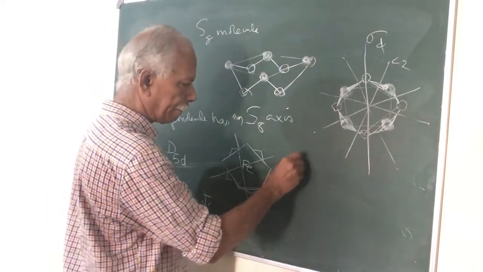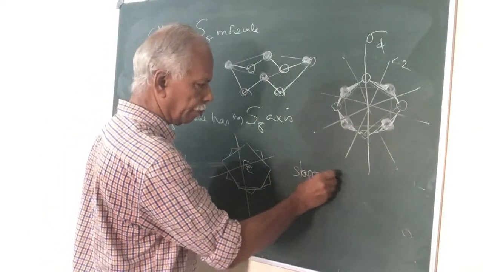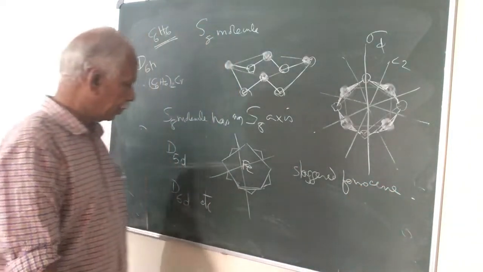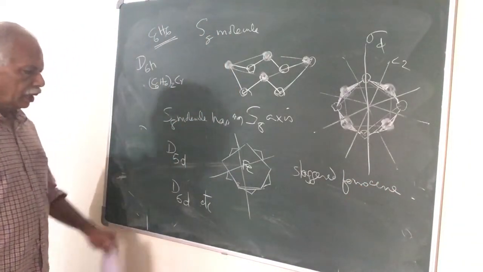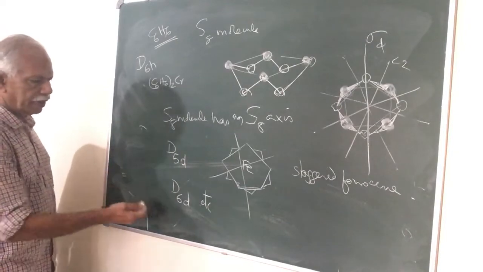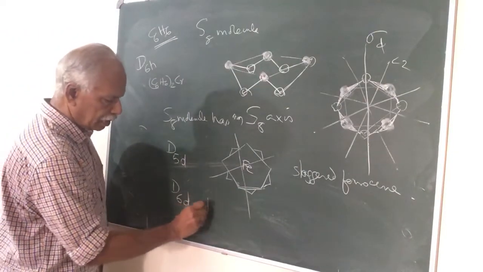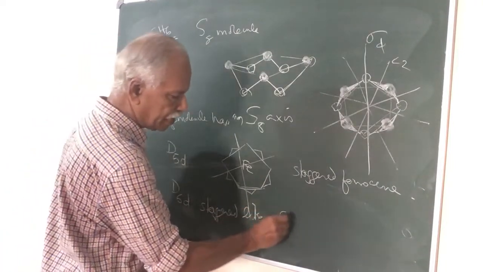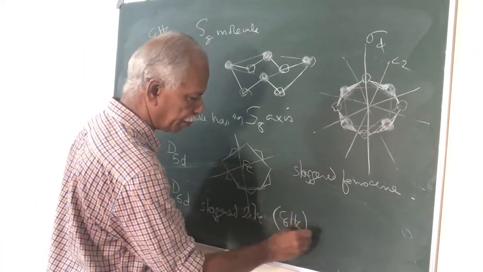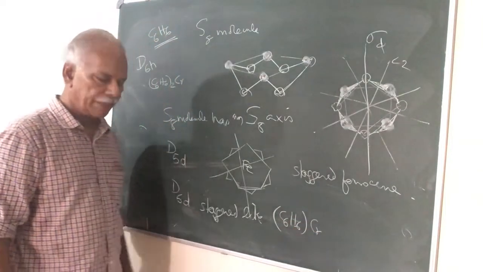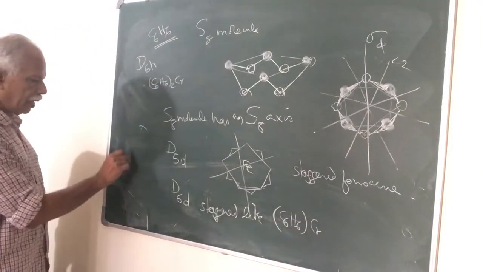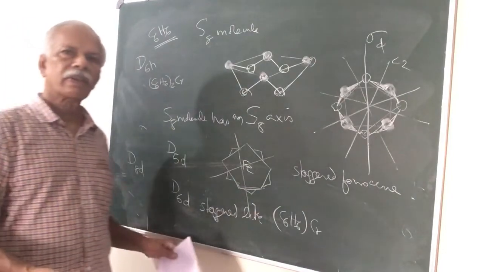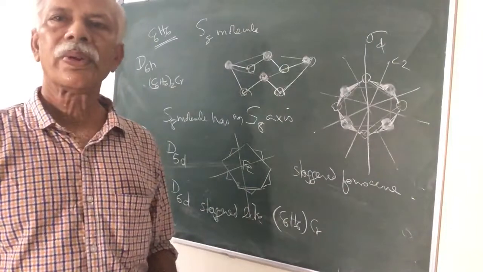Staggered ferrocene. Likewise, for D6d you can say staggered sandwich compounds like dibenzene chromium, staggered. As an example for D8d, again you can think of the staggered uranocene.